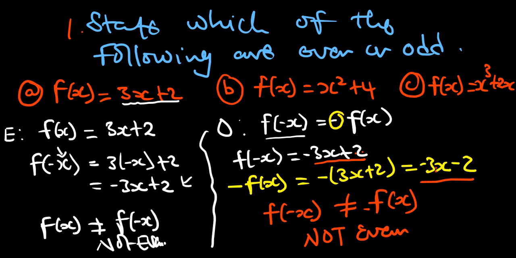Hey, why am I writing even there? So the function is not odd. So from our calculations here, we found that it was not even, and it is not odd. So what will be our conclusion? We'll conclude that our function f of x here is neither even nor odd.